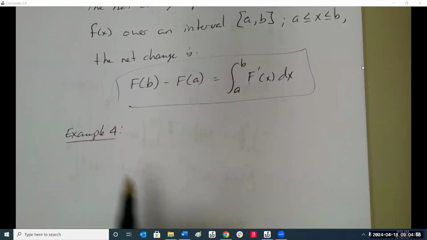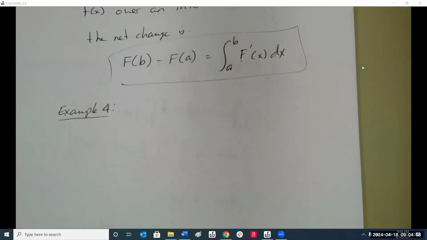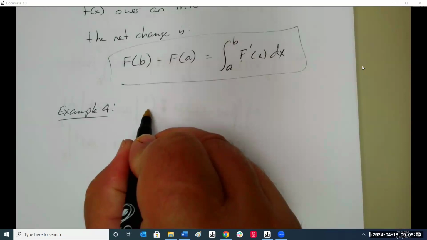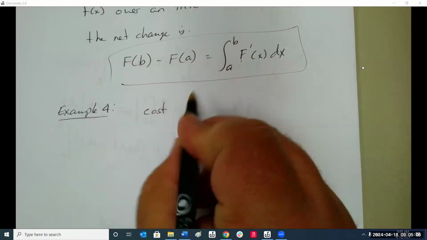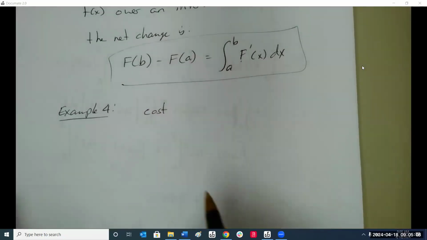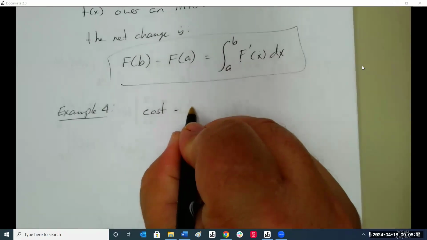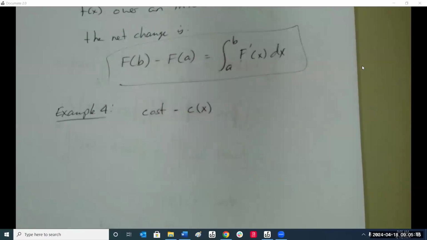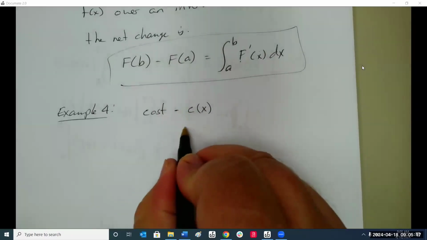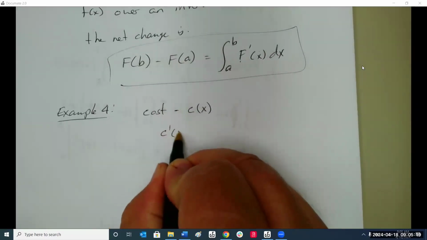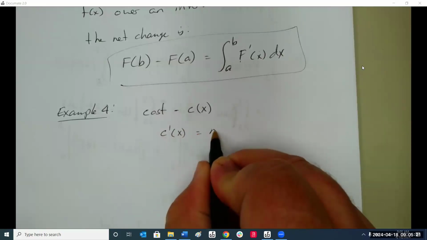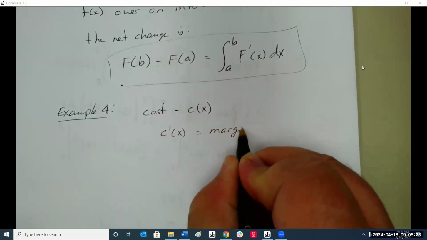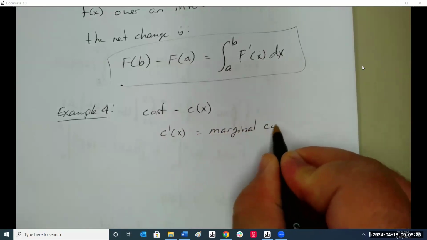Example 4. Here's something we talked about earlier in the semester. In business, the cost value is C of x. When we take the derivative of it, it's called the marginal cost.